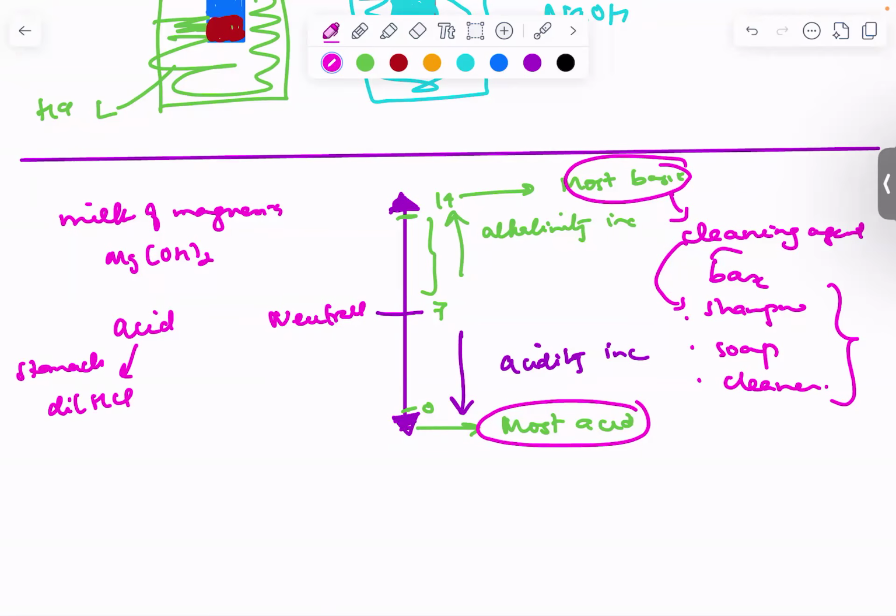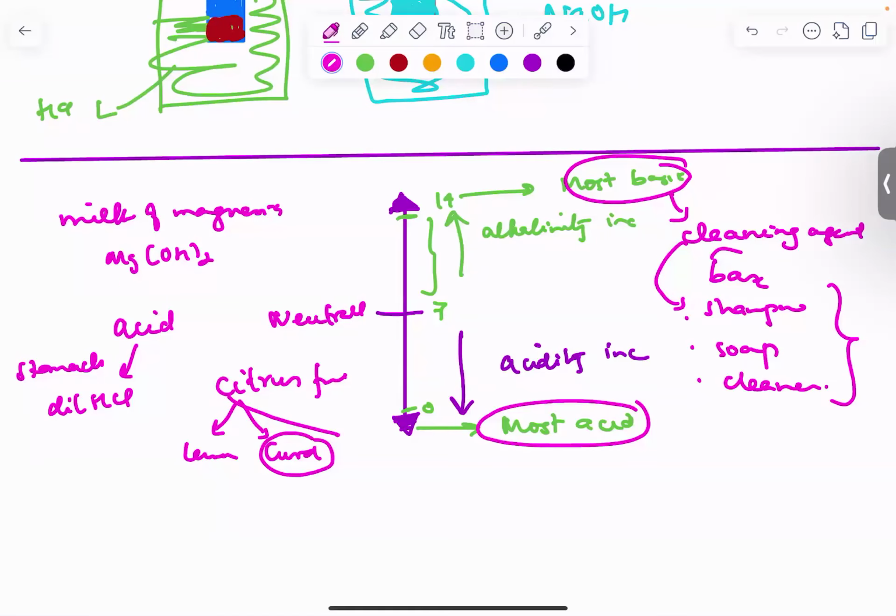However, one more thing: all the citrus fruits like lemon, grapefruit, kiwi, and also curd, though curd is definitely not a fruit, I'm just putting all of them together, are acidic in nature.